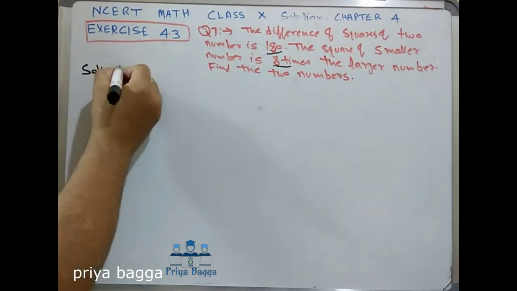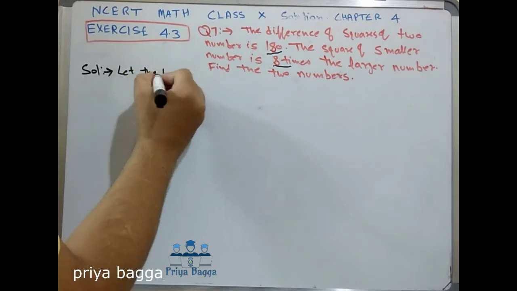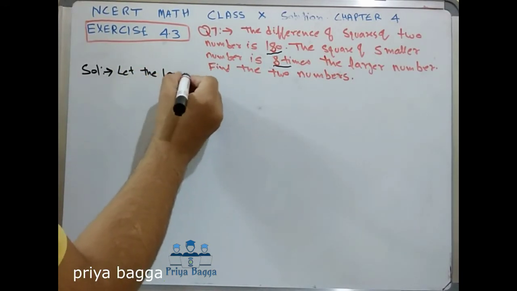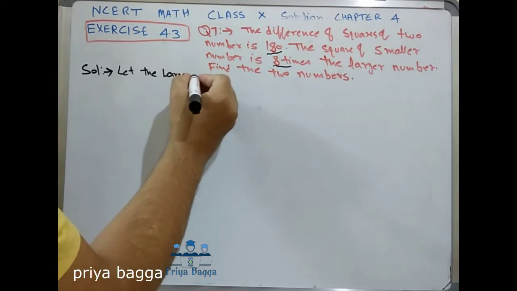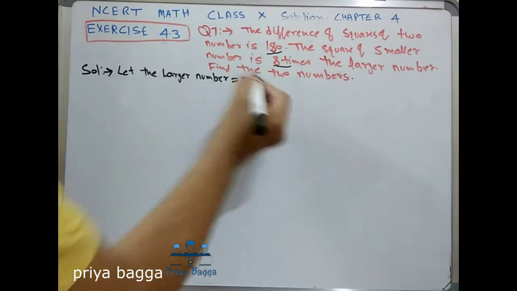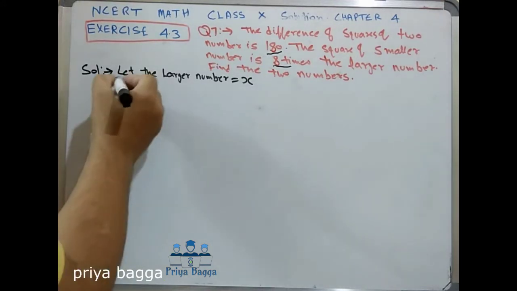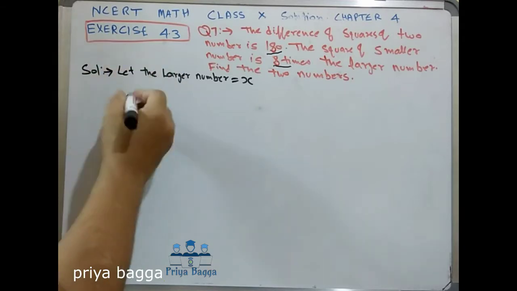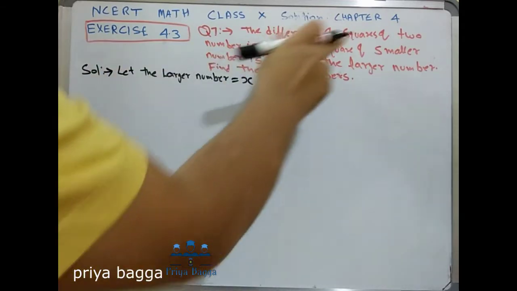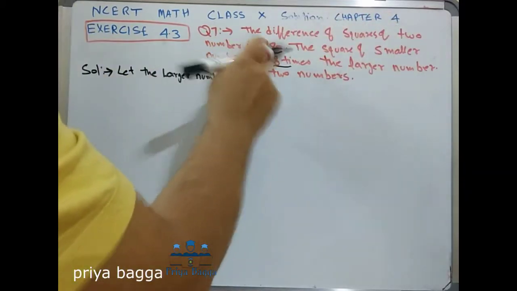Okay, so let the larger number be equal to x. Now what it says is that the difference of squares of the numbers is 180.